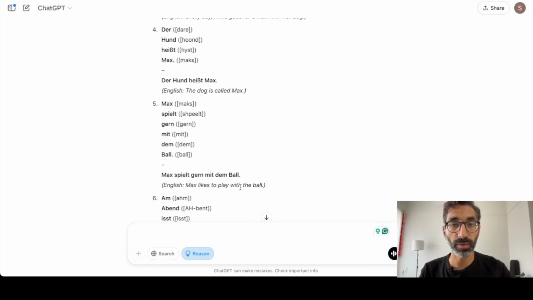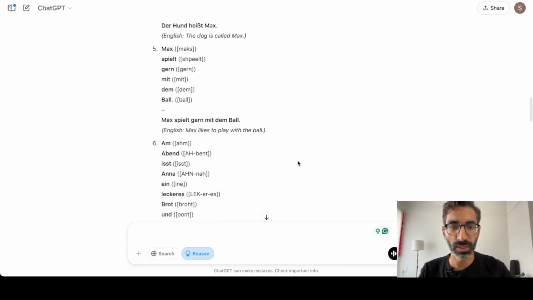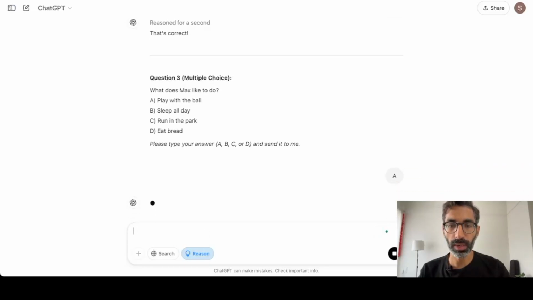Max likes to play with the ball. So what does Max like to do? Max likes to play with the ball. So play is spielt. Again, if you don't know these words, you can start to make these associations so you know what each of these words mean. Let's see if this is correct.